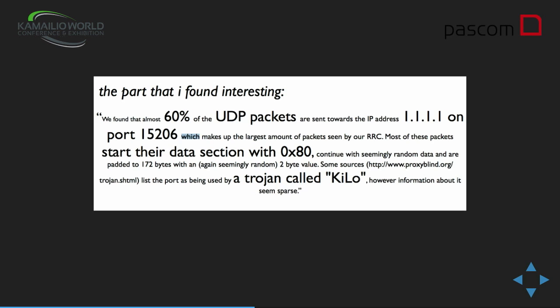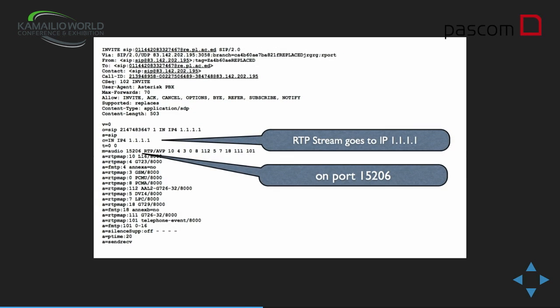The only thing that I did not mention yet is that the data section starts with 0x80. Now, this reminded me of something I had seen in the past on my SIP honeypots, because I developed a small, very basic SIP honeypot back then. I don't run it anymore.